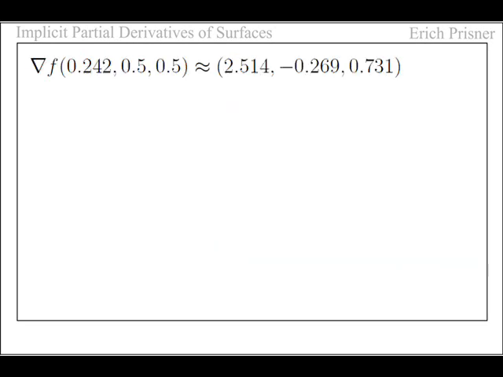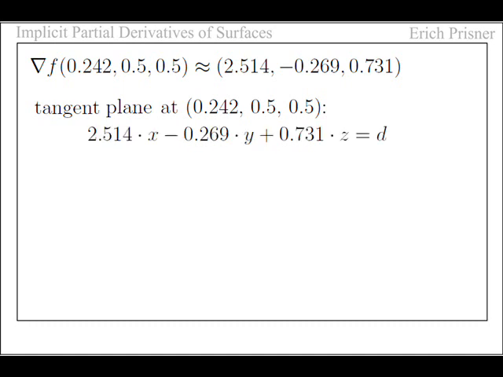The gradient of f at this point 0.242, 0.5, 0.5 is obtained by plugging these values into the three formulas as calculated above. We get the gradient of f at this point about 2.514, negative 0.269, 0.731. Then the equation of the tangent plane at this point has the form 2.514 times x minus 0.269 times y plus 0.731 times c equals d, where d can be found by plugging the coordinates of the point in.